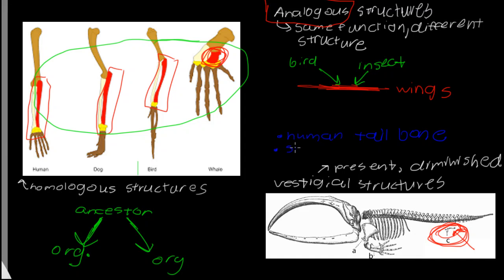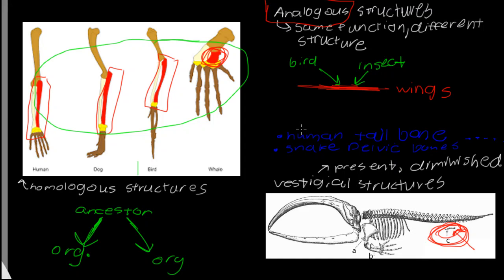Some snakes have pelvic bones. And this list can go on and on. This just shows what we know as comparative anatomy, where we can compare structures to understand evolution.